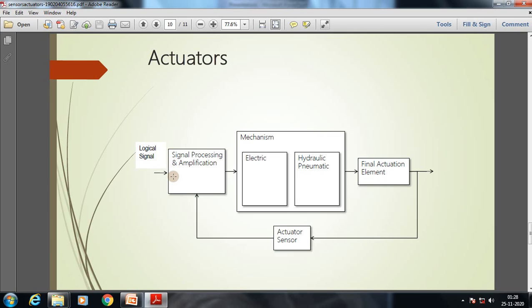After that, the amplified signal is fed to the processor and then fed to the mechanism of electric, hydraulic or pneumatic final actuation element, and this is the actuator. Through this, it gives us the output.